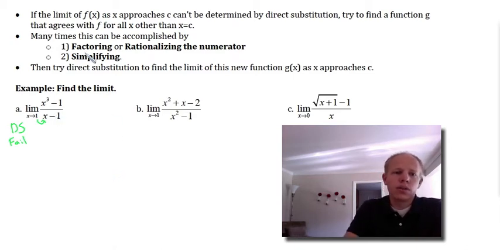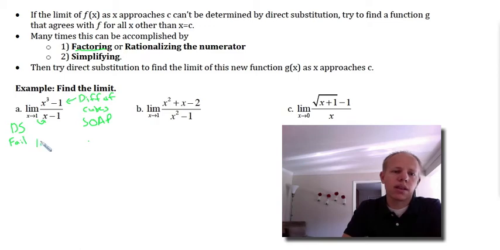So what we want to do here is factor the numerator. Okay, so x cubed minus 1, you're going to have to recall a difference of cubes, how to factor that. And we remember the acronym SOAP, for same, opposite, always positive.